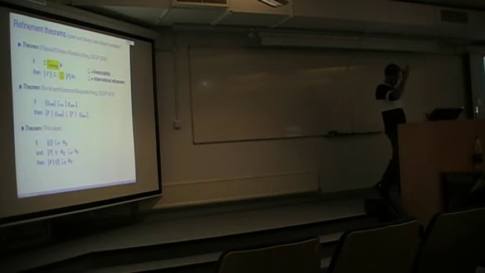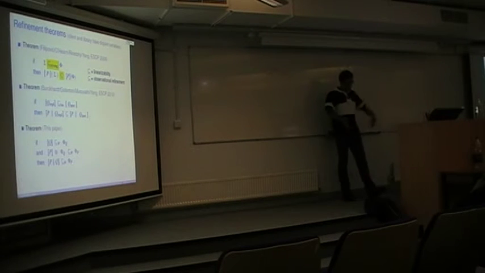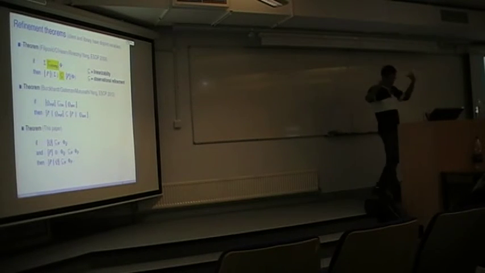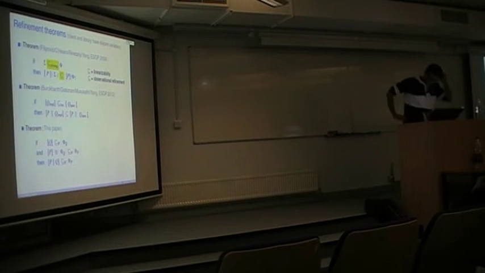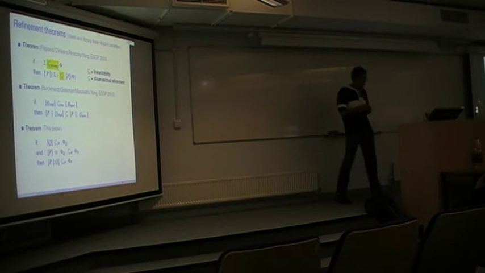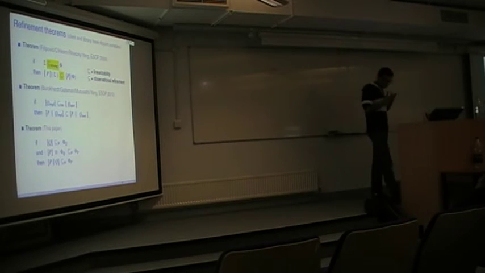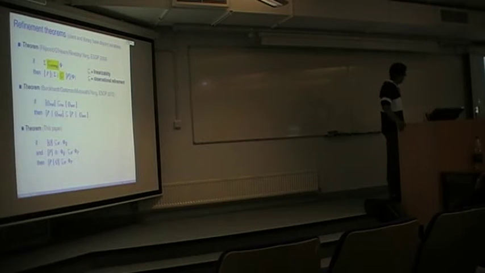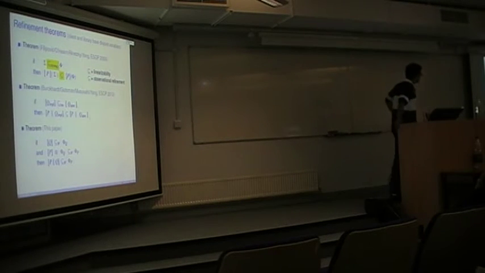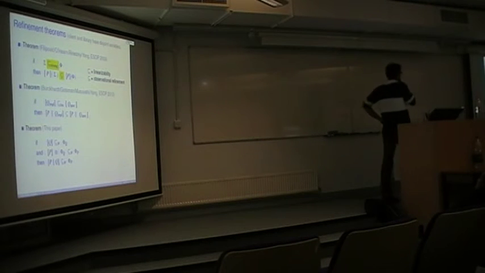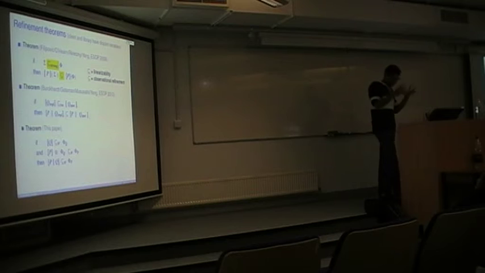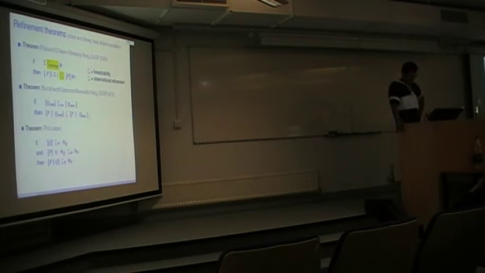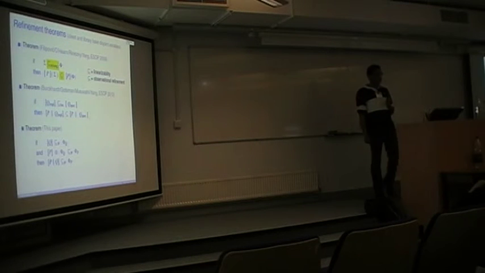Now let's think about how the refinement theorems look. We have a client and a library. A nice way to formalize this is by Filipovic, O'Hearn, Rinetzky, and Yang. They say, well, if sigma, which is an implementation, implements the specification phi in the linearizability sense, then in any context you can replace sigma by phi in the sense of observational refinement.